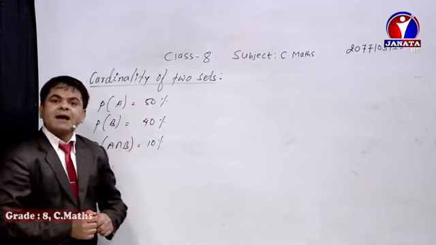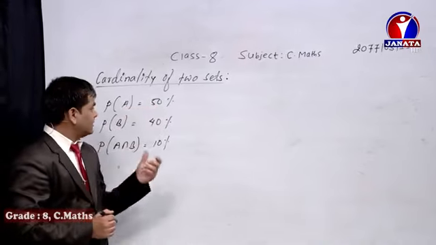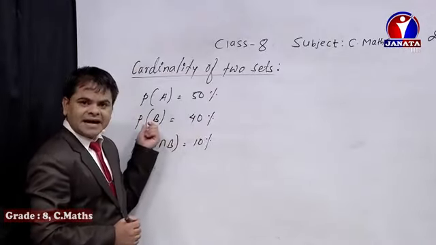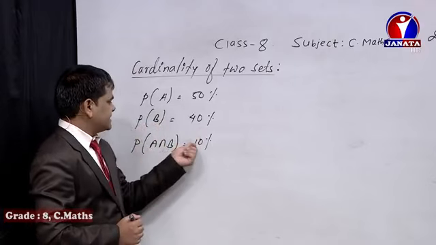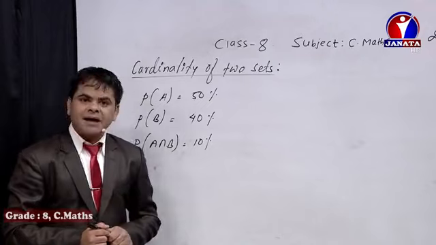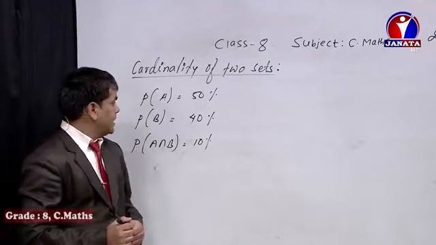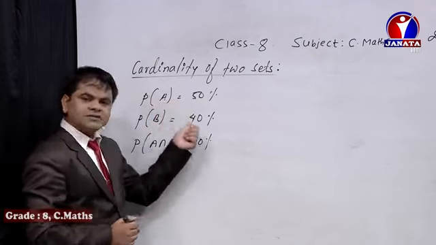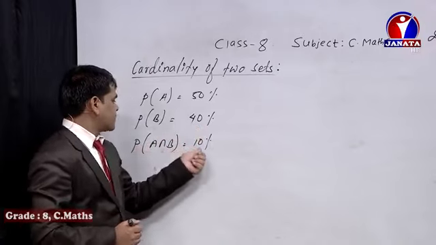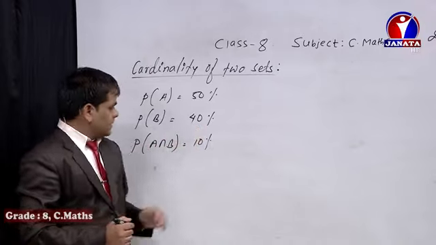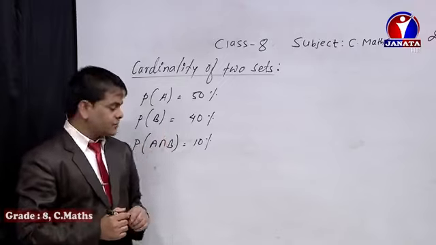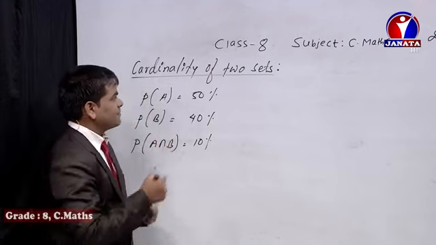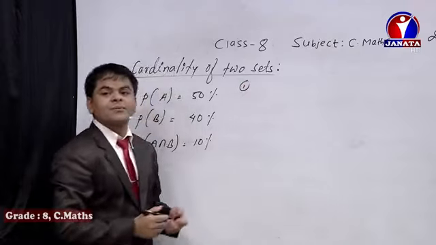In a survey of certain people, it was found that 50% like apple, 40% like banana, and 10% like both apple as well as banana. You can write just "both". After the semicolon, do write: one, represent the above information in a Venn diagram.